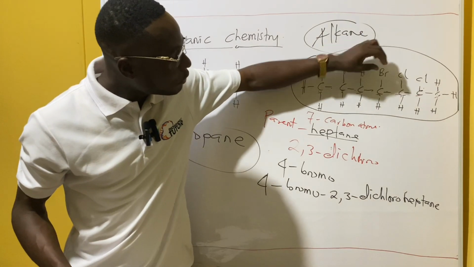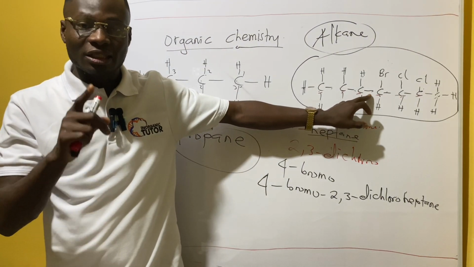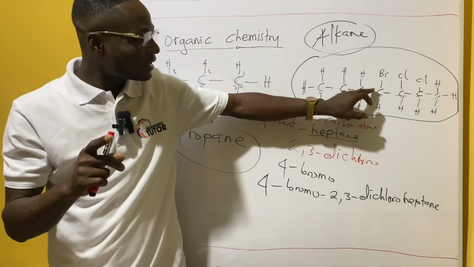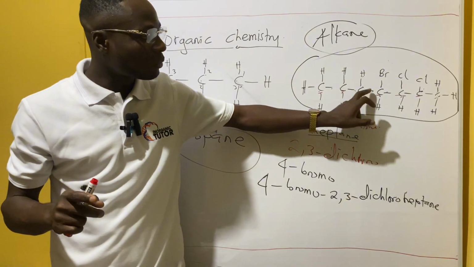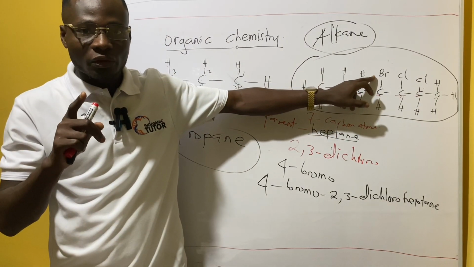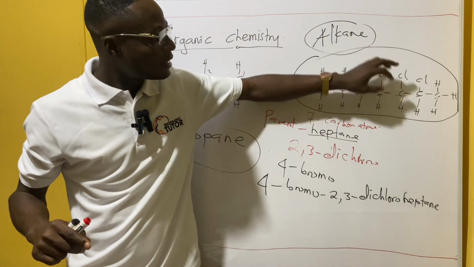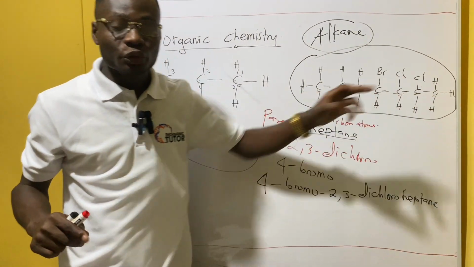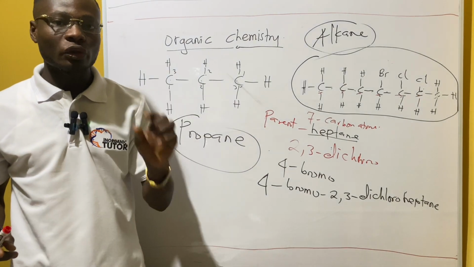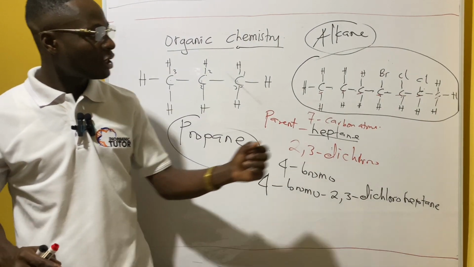So this right here, we can see that carbon is supposed to be surrounded with 4 hydrogen atoms, but in this case, it has only 3, 1, 2, 3. And the 4th hydrogen atom has been substituted with bromine. And the same applies to this one. So those elements are called substituents.